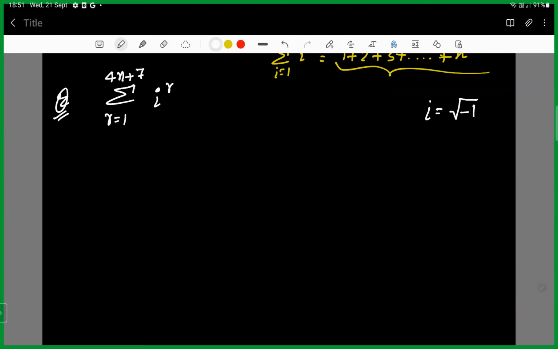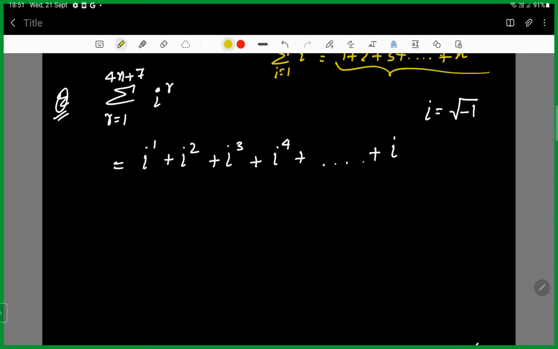Okay. So first, this is equal to, let's write the meaning. I to the power of 1 plus I square plus, right? Or plus I to the power of up to I to the power of how much? What is the last power?